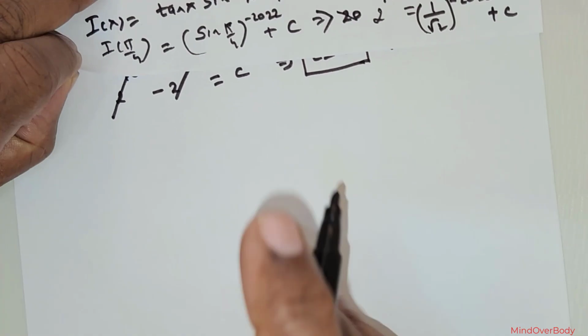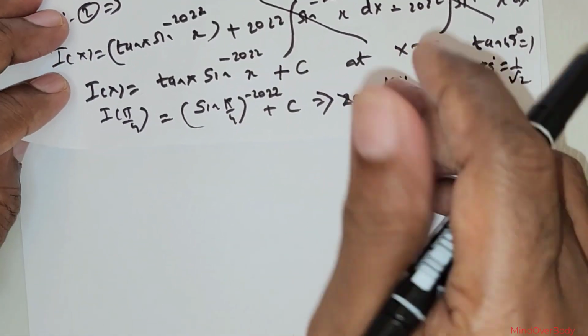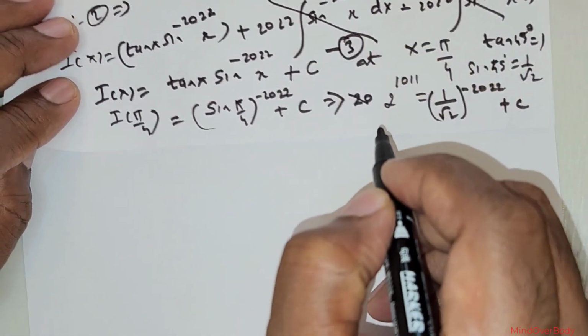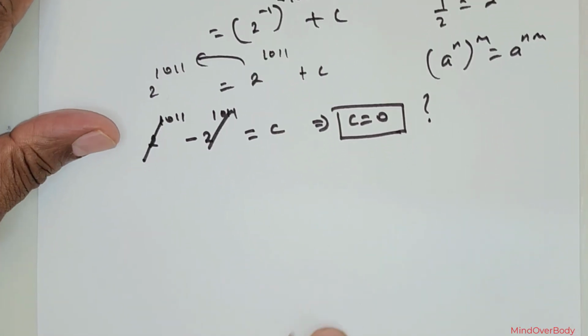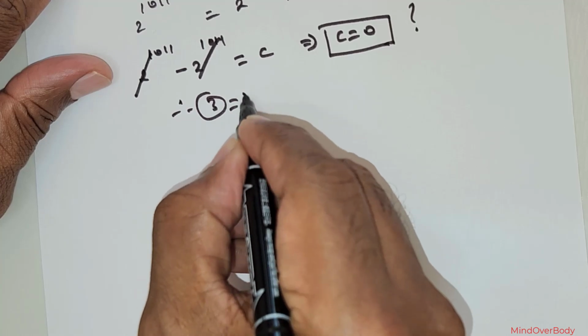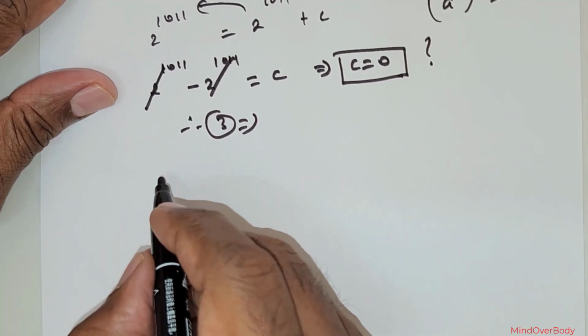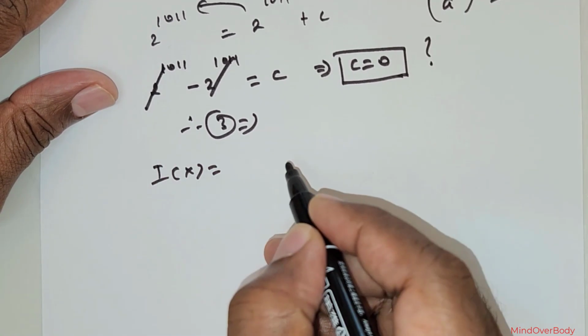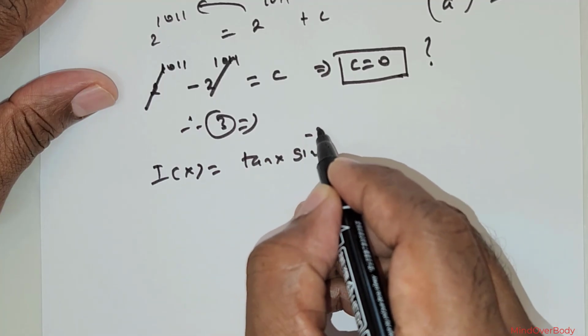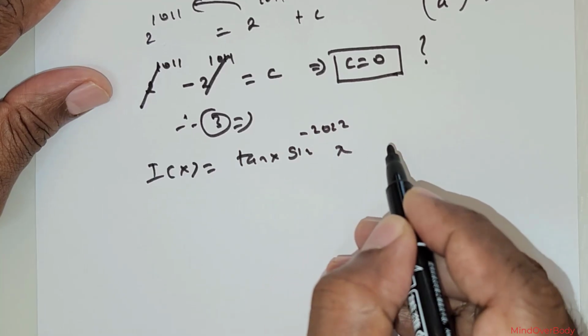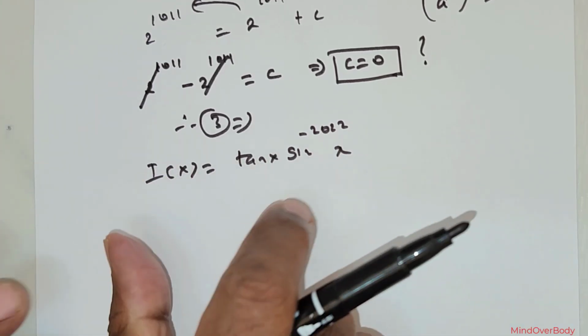I'm going to write this as number 3. So therefore 3 is rewritten as I of x is equal to tan x times sine raised to the power of negative 2022 x. c is 0. So this is what you got.